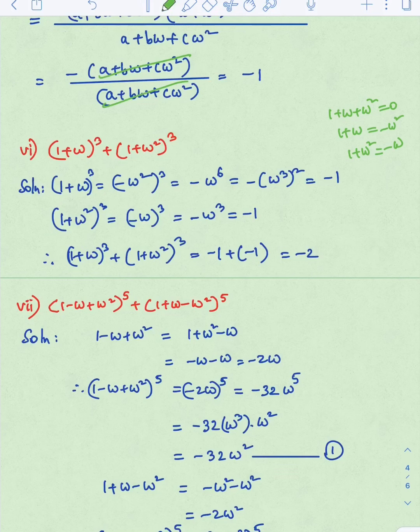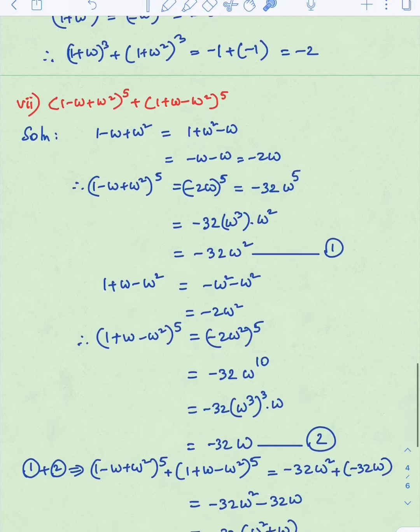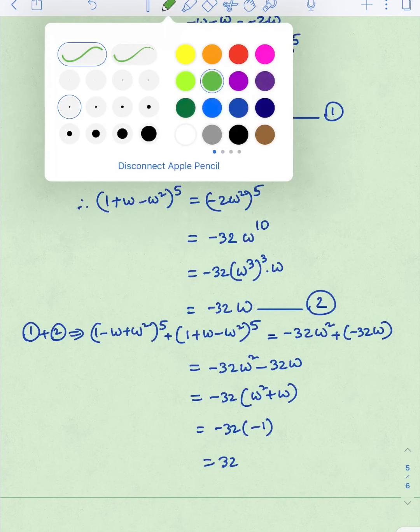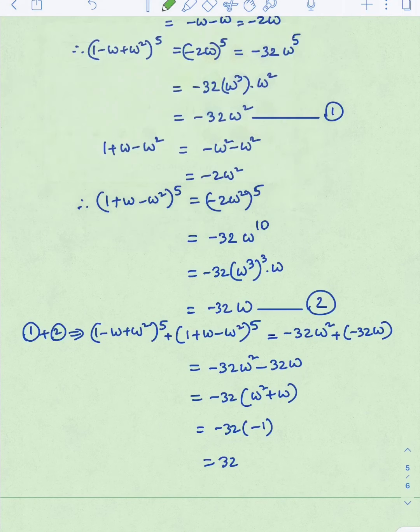See, omega square plus omega, that also if you write here, that is omega plus omega square is minus 1. Because plus 1 when you take this side will become minus 1. So omega square plus omega or omega plus omega square, both are same. Result is minus 1. So put minus 1 here. Minus 32 into minus 1, which is 32. This is the required value to the given question.